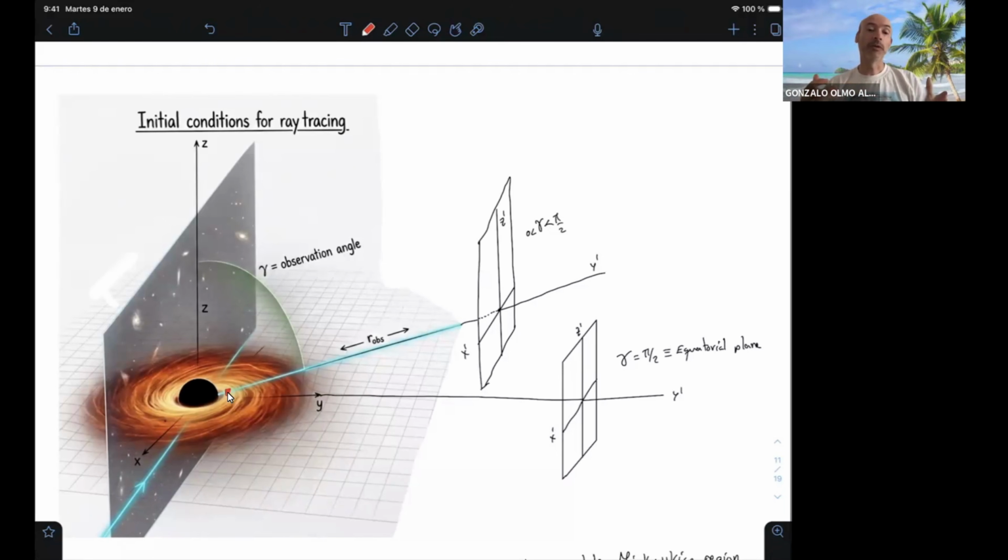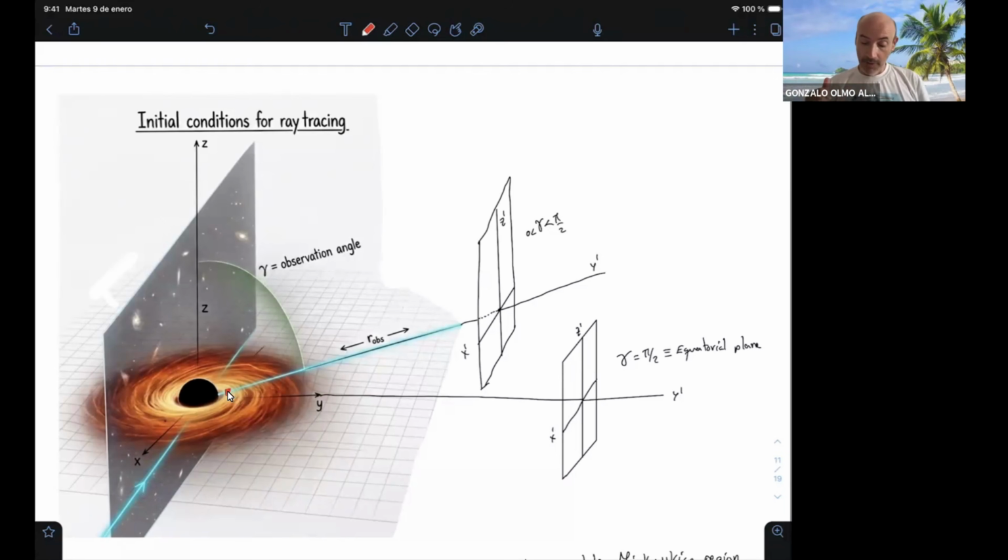Okay, so it is important to have control of the intersections of each geodesic with the equatorial plane. So this is the main point behind the construction of intensity profiles.